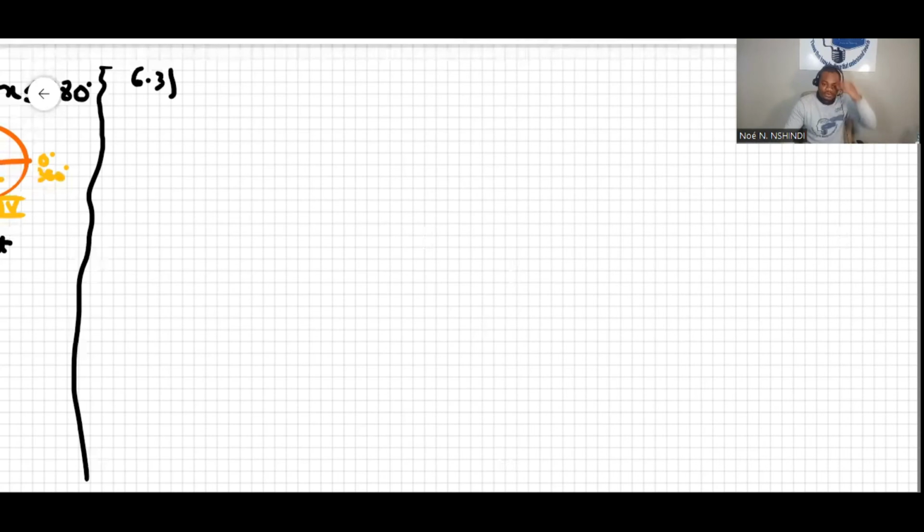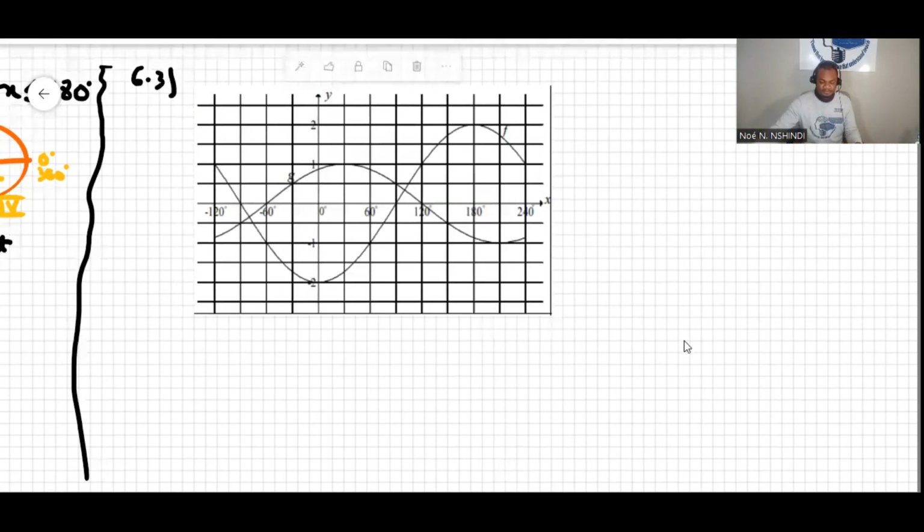It is important to note that sine of x plus 60 degrees is the same function as sine of x, but shifted 60 units to the left. As long as it's left, the graph must be something like this.